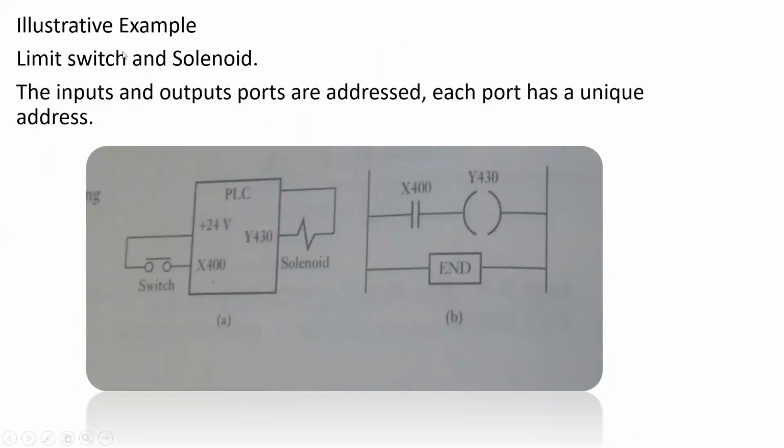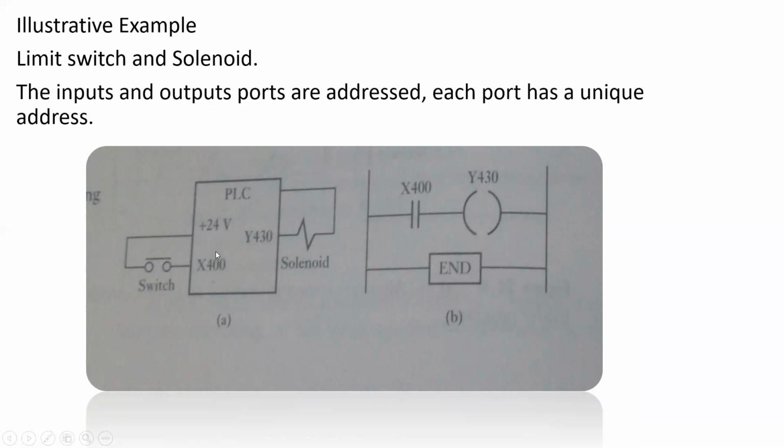So this is an illustrative example showing a simple ladder logic diagram and the hardware circuitry. Here we can see how we are showing a PLC. What we have done is connected a switch to input X400. As we all know, the inputs and the outputs are addressed.